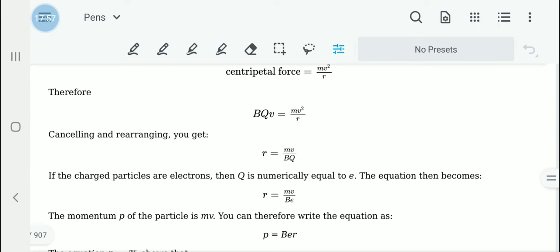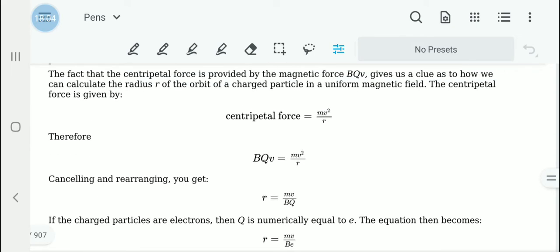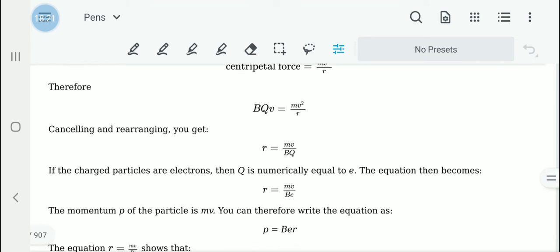As a result, now you know that centripetal force is what provides the force that keeps it in orbit. Because of the magnetic flux density, the force generated on the charge is BQV. Therefore, BQV equals mv squared upon r. From this, r equals mv upon BQ.